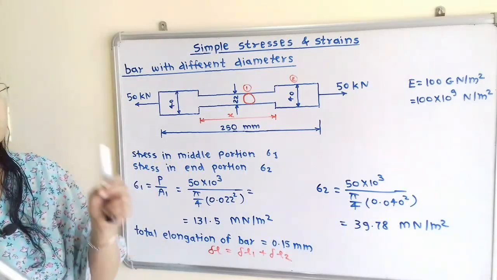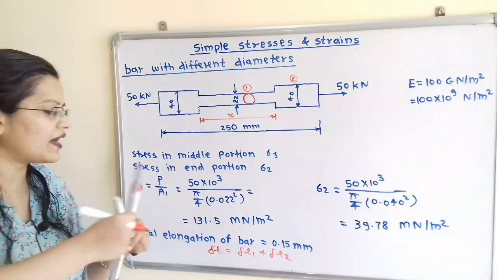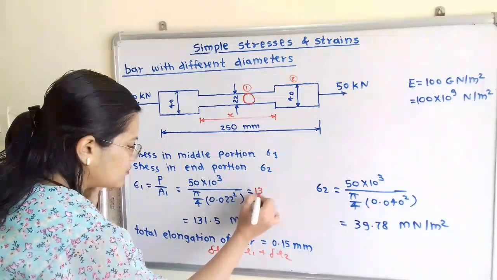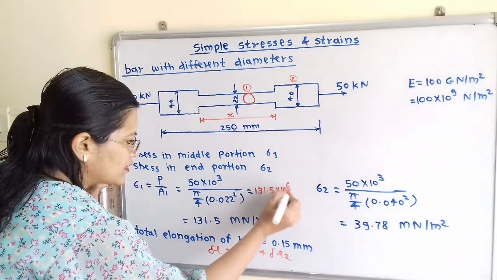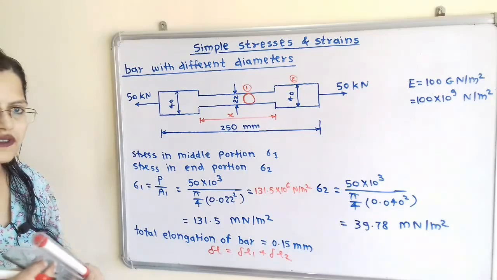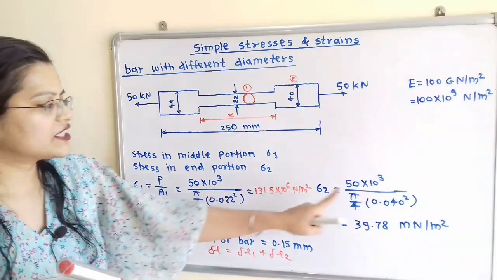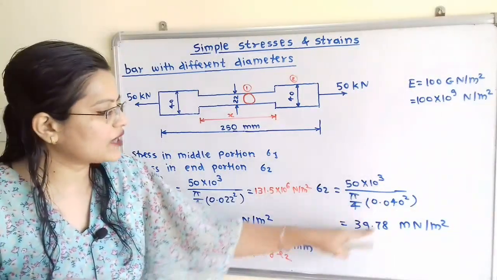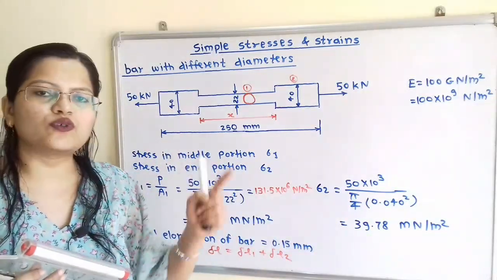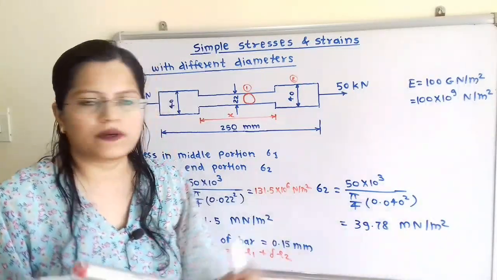The calculator answer is 131.5 into 10 raised to 6 Newton per meter square, which we convert into mega Newton per meter square. In case of sigma 2, we take diameter equal to 0.040 meter, and it is equal to 39.78 into 10 raised to 6 Newton per meter square. In short, 39.78 mega Newton per meter square.